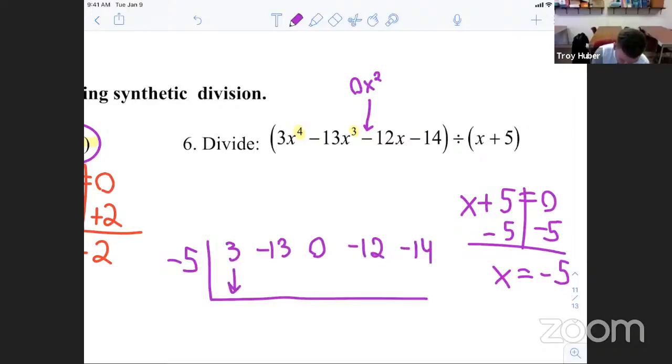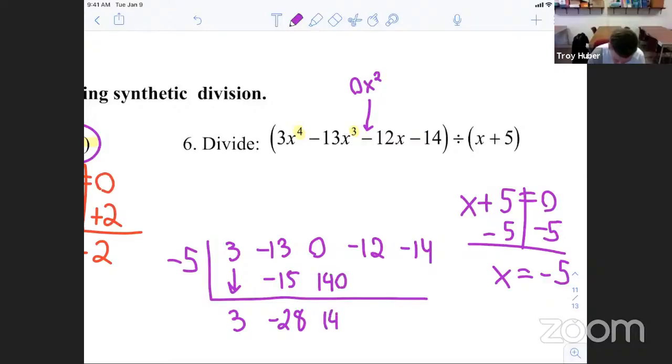First term just comes straight down. Now we multiply. Negative 5 times 3 is negative 15. Add them together. We have negative 28. Multiply again. So we have negative 28 times negative 5, which should give us a positive 140.